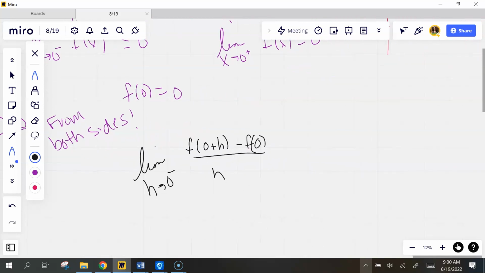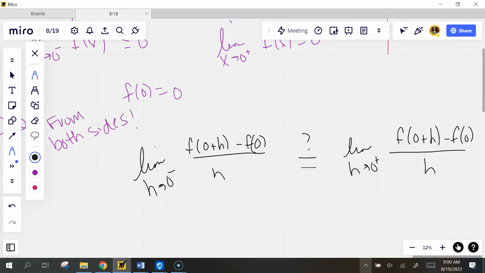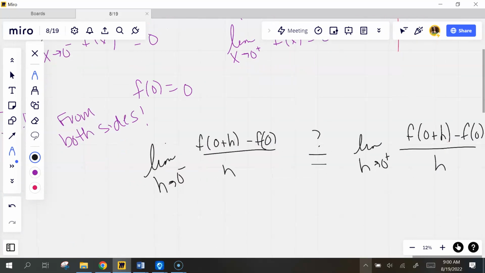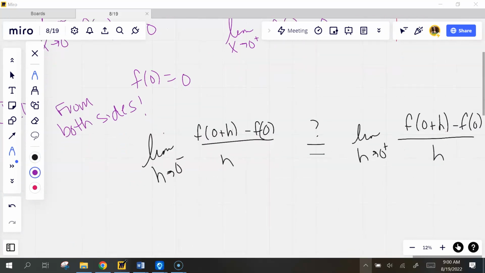And the big question is, does that equal the limit as h goes to 0 from the right, for these two different equations? My left side equation, remember, was negative x, and this one was x squared minus x. Is that right?